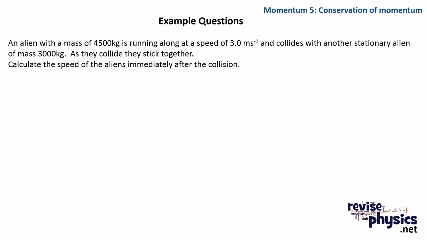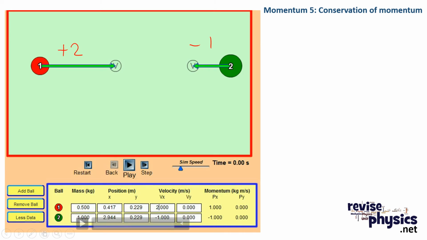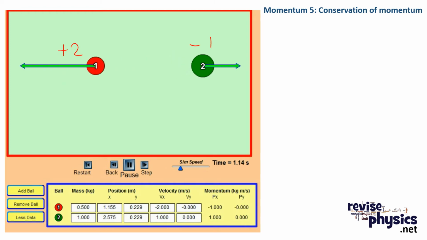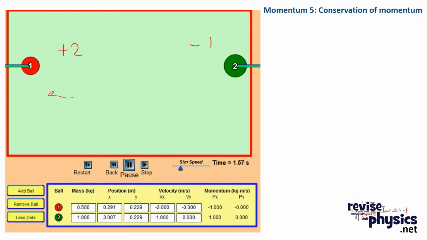As they impact, they're going to rebound and switch velocities. And their final velocities, m1 is moving at -2 in this direction, m2 is moving with +2.